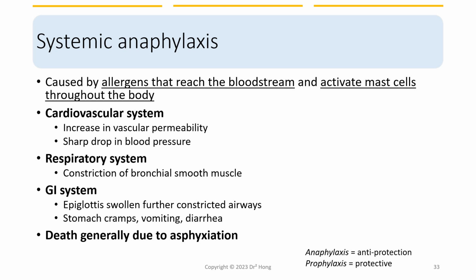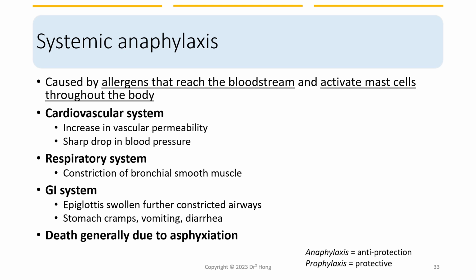For example, in the vascular system, it will increase vascular permeability, causing vasodilation and a sharp drop in blood pressure. In the respiratory system, it will cause constriction of bronchial smooth muscle, causing difficulty breathing. And the epiglottis will swell and further constrict the airway. And of course, other symptoms such as stomach cramps, vomiting, and diarrhea will still persist.